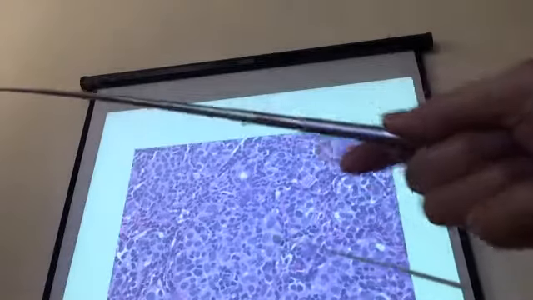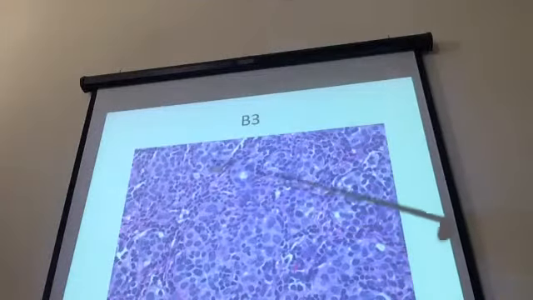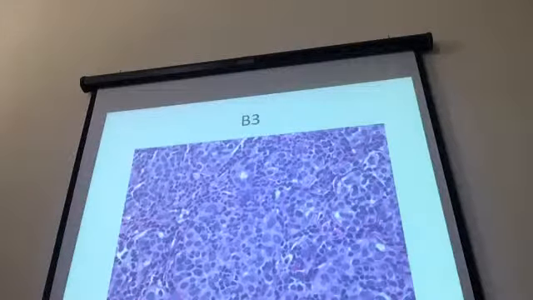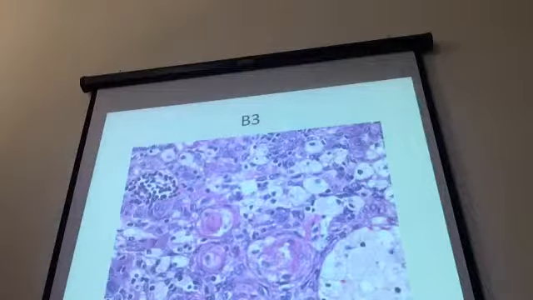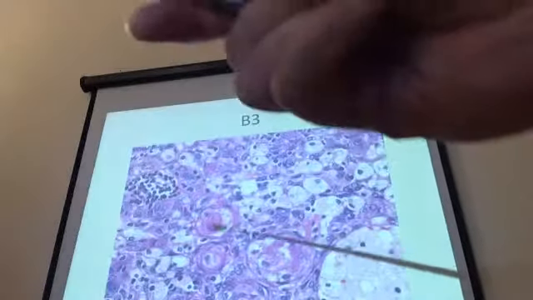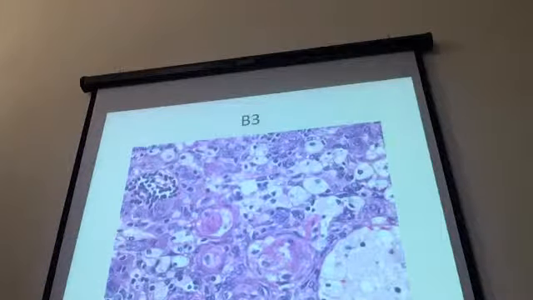You see some larger cells, mostly rounded and polygonal, with interspersed lymphocytes. This is a little bit subtle to differentiate from the B2s, but the nuclear atypia is really the key here. Sometimes you can have clear cell changes or more eosinophilic, almost squamoid appearing cells, but still with admixed lymphocytes.